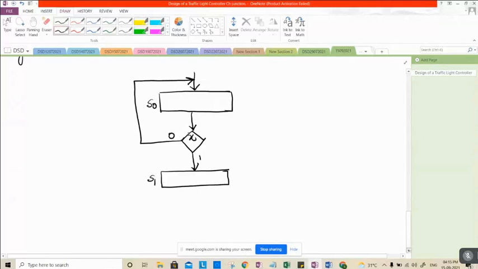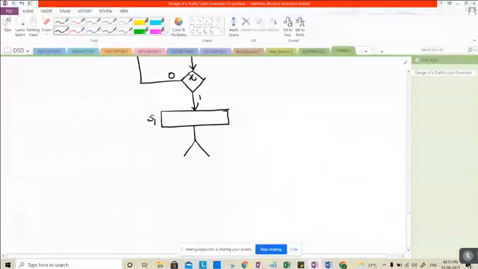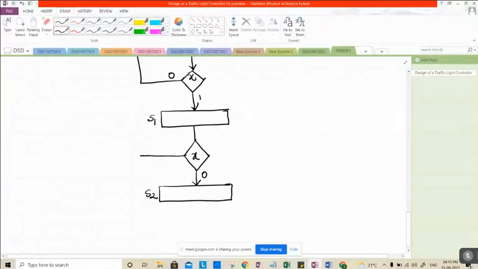Then after that, from S1, if the x value is equal to 0, we may move on to the next state, S2. Right? If x value is equal to 1, what should happen to the S1 state or S0 state? Sequence detector. S1, sir. Right, perfect. So it should move on to S1.